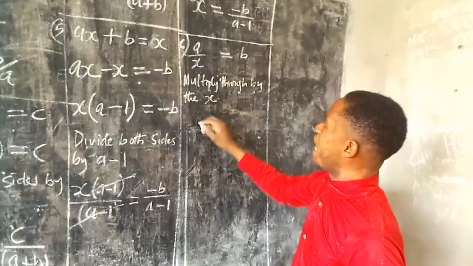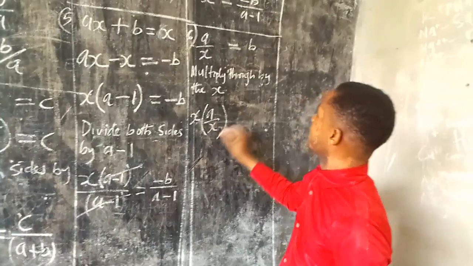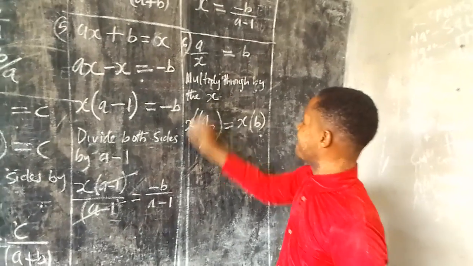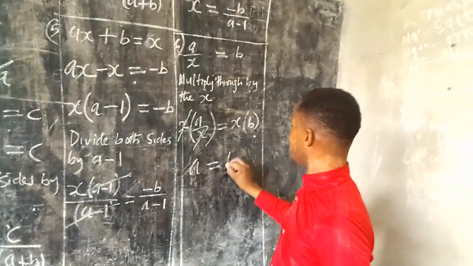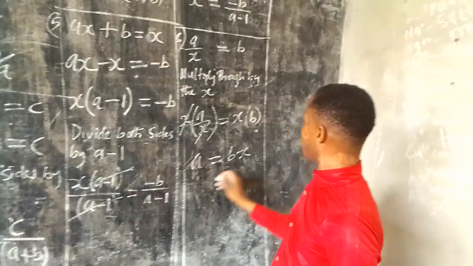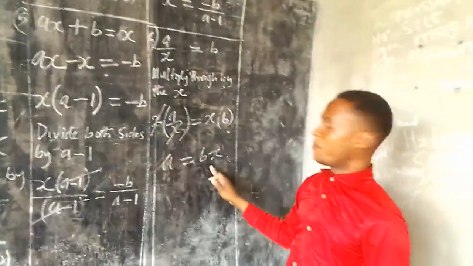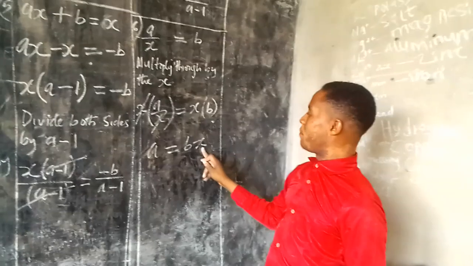Alright, so here we have x multiplied by a over x equals x multiplied by b. So x cancel x, we have a equals x times b, bx. When you come to this point, remember that what you want to make the subject of formula is x. So we want x to stand on its own. We divide both sides by what?